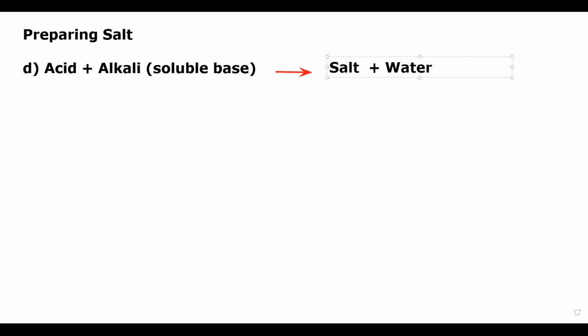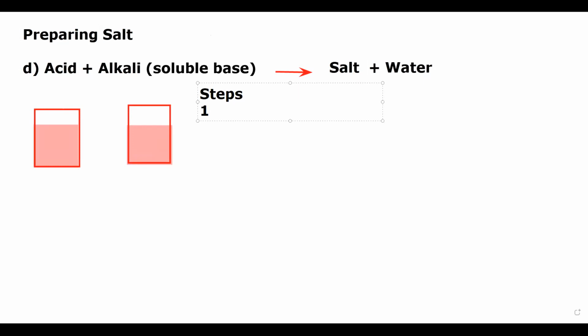But the problem here is acid is colorless, alkali is also colorless. So we cannot just directly mix them. We cannot identify how much acid is needed to react with an alkali. So if they cannot be directly mixed, what will be the steps?